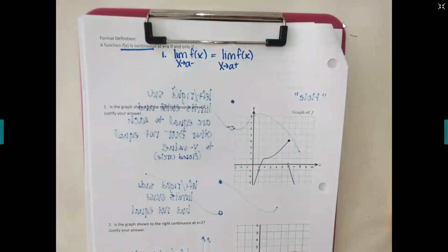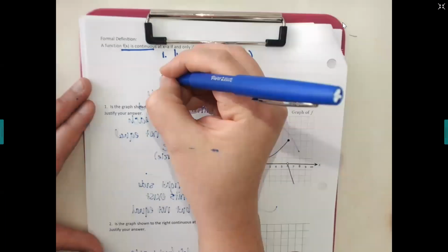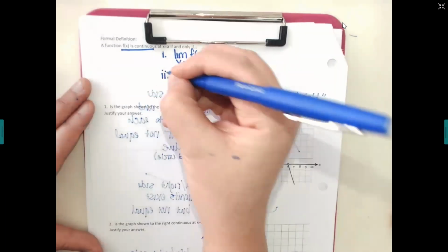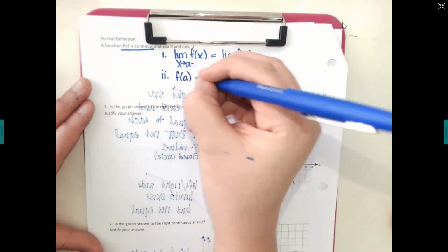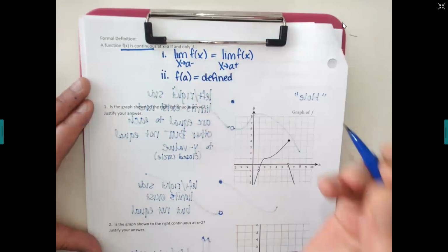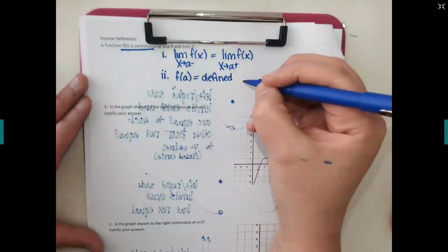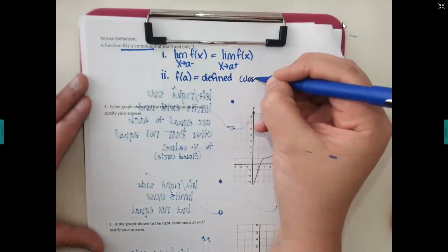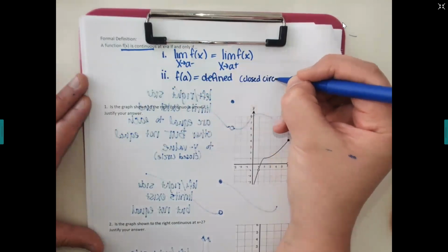Step two is you're going to find what your y value is. Remember, we're looking for a closed dot in this step. So we're going to find whatever the y value is, and it has to be a number. So you have to have a y value. You're looking for a closed circle.